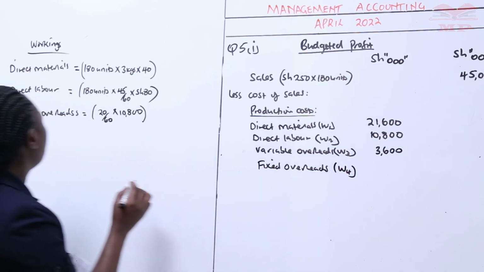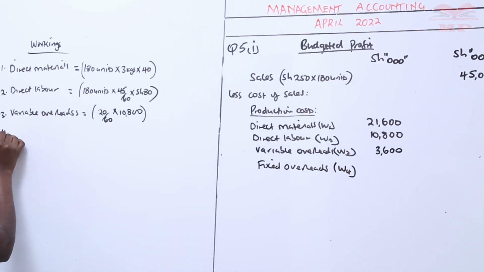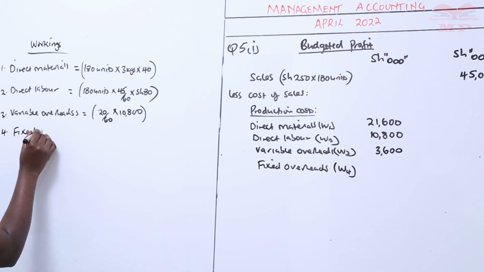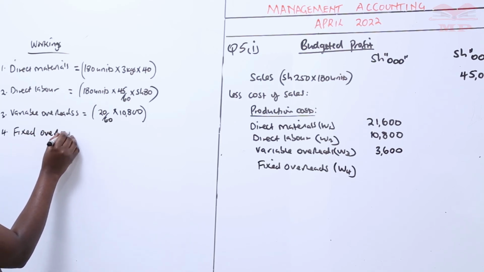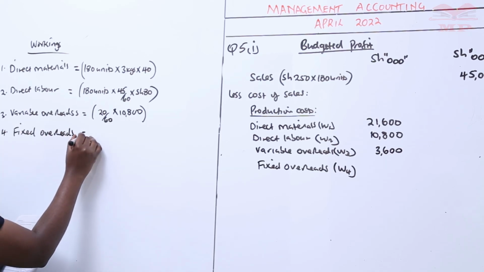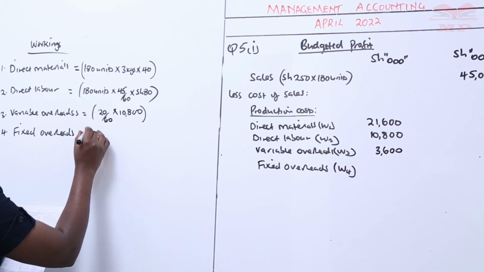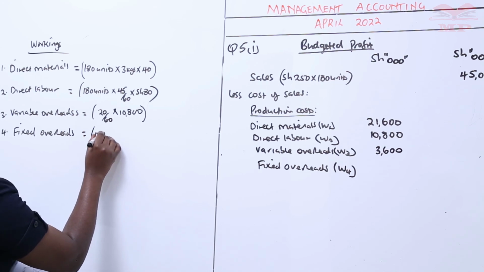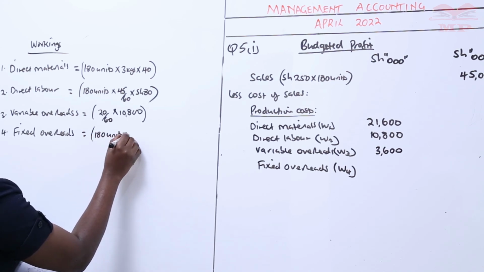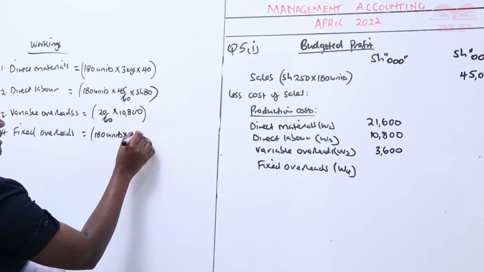This will be working number 4, fixed overheads. We are told that fixed overheads are 30. So the amount of the standard cost was 30. So take 180 units multiplied by 30.